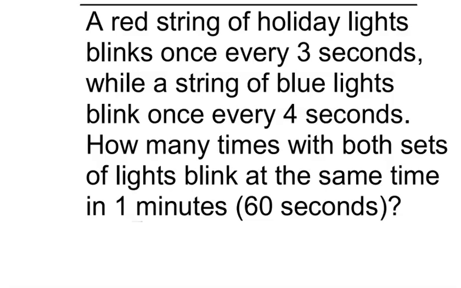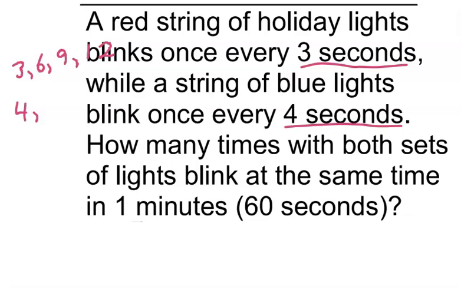Okay, guys, we got a little story problem here. It says a red string of holiday lights blinks once every 3 seconds, while a string of blue lights blinks once every 4 seconds. So we have 3 seconds and 4 seconds. If we find the multiples of 3, it's 3, 6, 9, and 12, and then 4, it's 4, 8, 12.